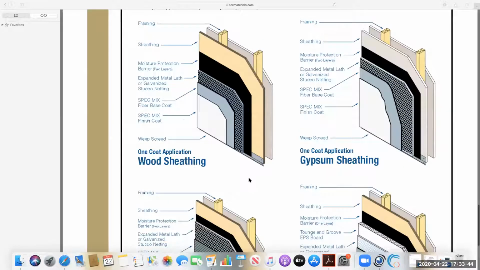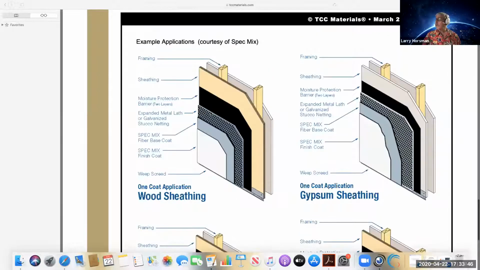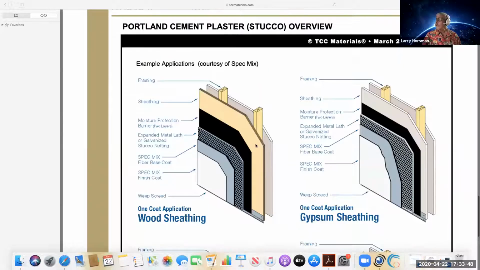So this is showing it over wood. If you put it over wood sheathing, then you have to use 2 layers of building paper rather than 1. That's what they're showing here: moisture protection barrier, 2 layers. We don't care about that.